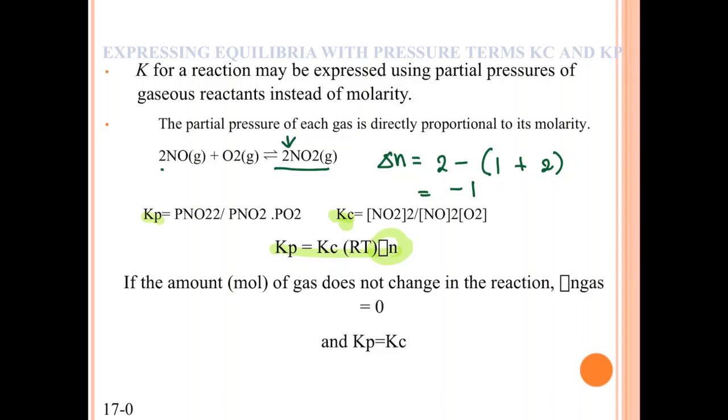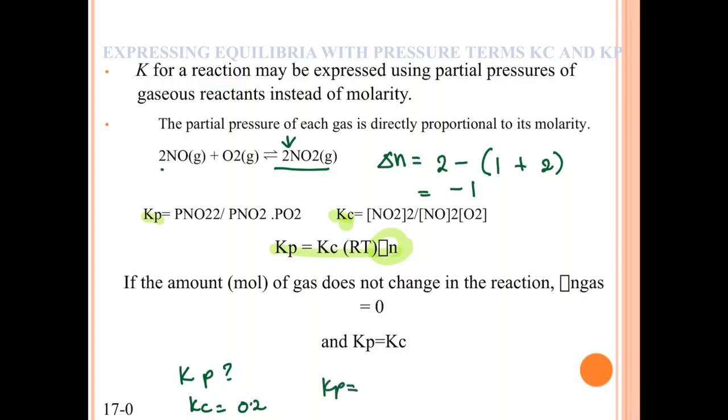So let's say Kp is the one that we want to calculate, and Kc is given as 0.2.